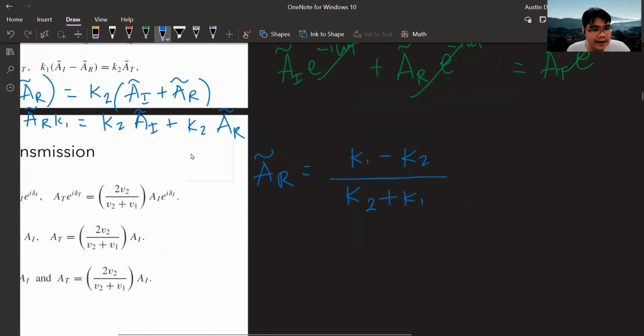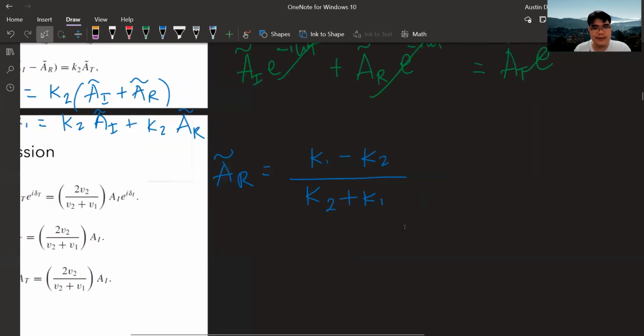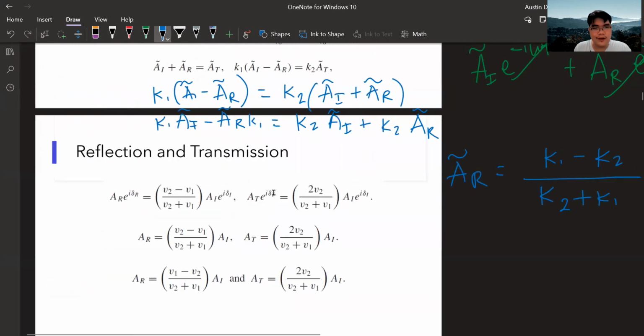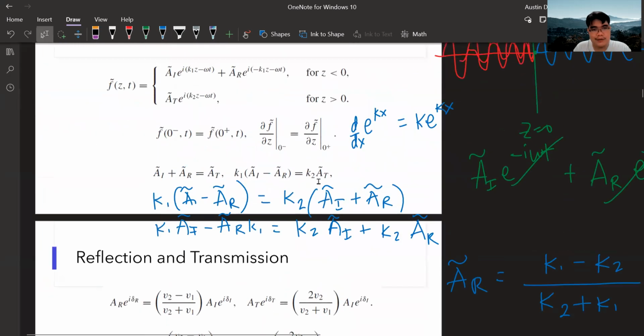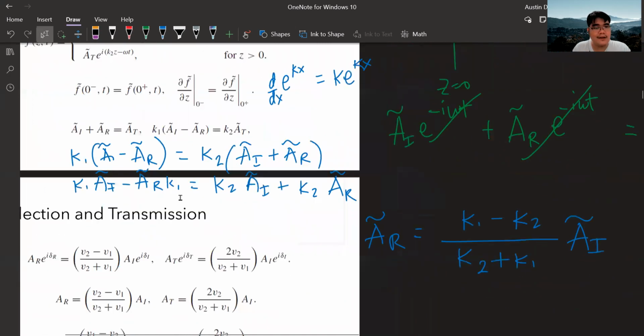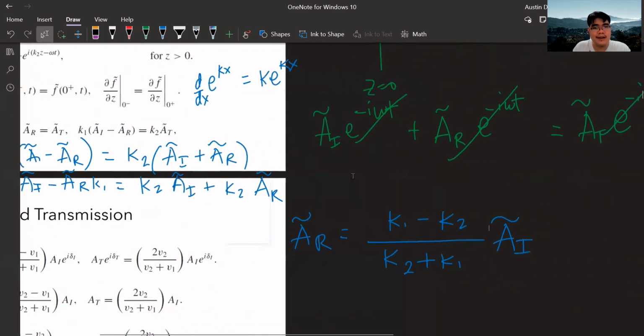We have this, and then double check ko lang sa notes ko. Okay, tama naman tayo. K1 minus K2 tapos AI. Okay. So, ganun lang, no? Ganun lang gagawin mo para ma-produce din si AT in terms of AI. Okay? So, i-eliminate mo naman si AR in that process.